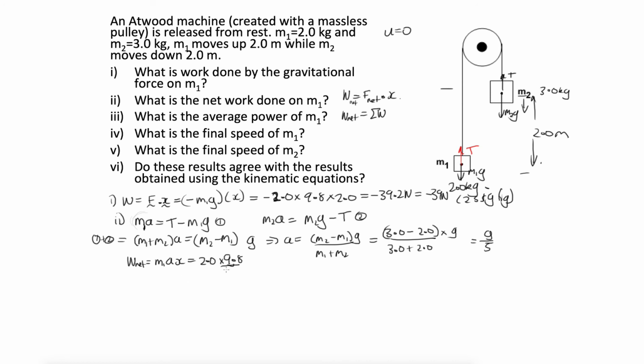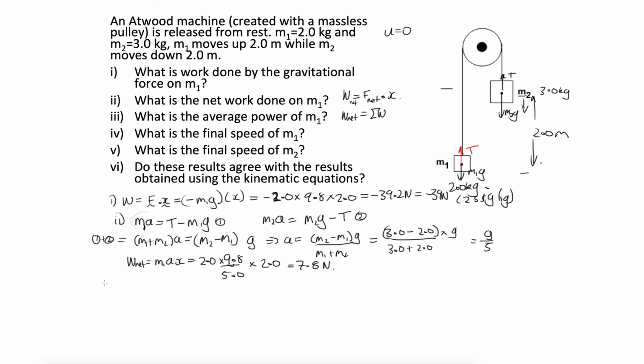So this is 9.8 divided by 5 times the height that it rises through, which is 2. So solving this, I end up with 7.8 newtons.